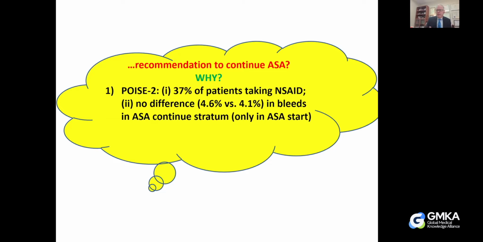And it was thought that if you take an NSAID, in addition to continuing aspirin, that might attenuate or minimize the antiplatelet effect of that aspirin to prevent cardiovascular outcomes. Because this study, the way it was designed, did not show an improvement in cardiovascular outcomes as had been hypothesized.